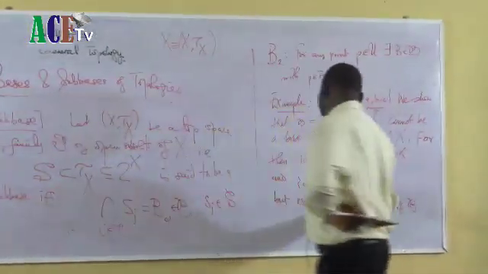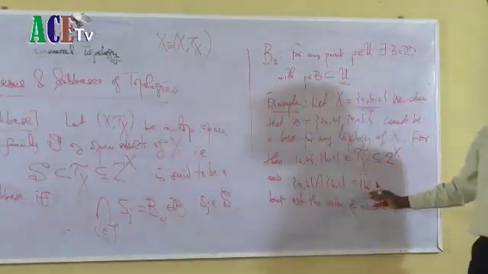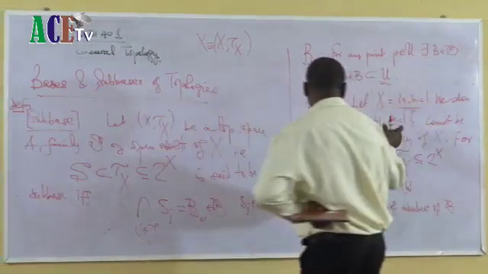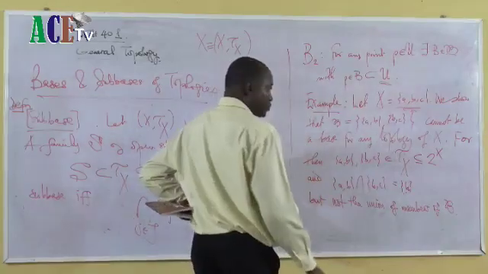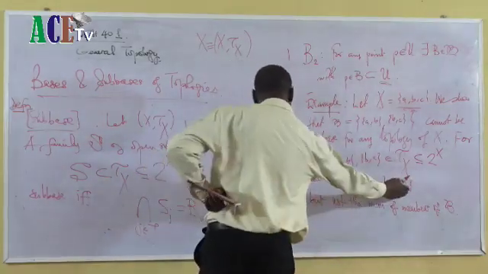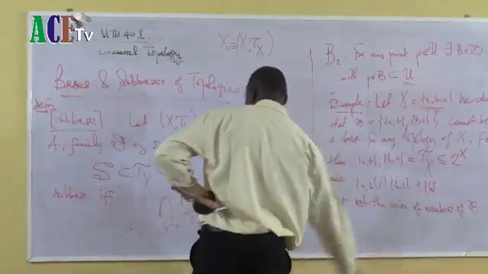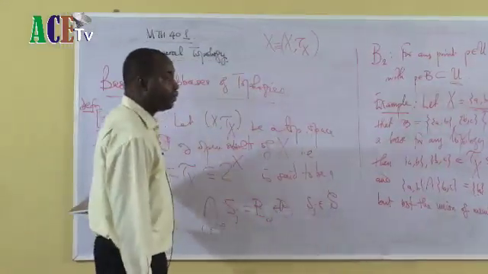Look at this. This is B. B here is not found as a singleton set in this collection. And so we cannot claim that this and this are subbases.